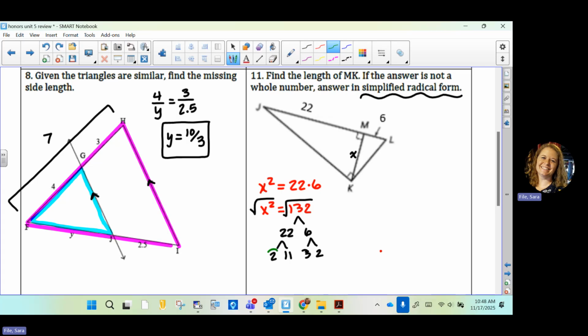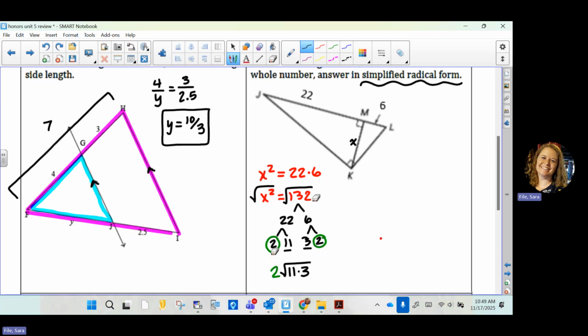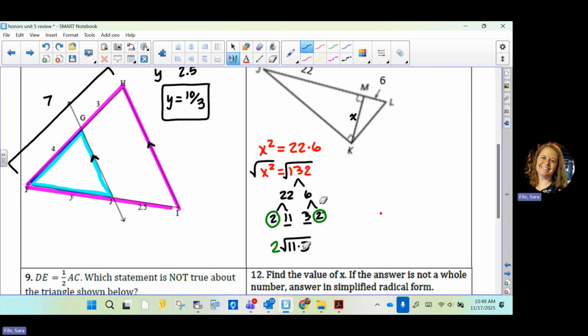So there's a pair of 2's, so a 2 gets to come out, and there is not a pair for the 11 or the 3, so those both have to stay in the radical. Remember, whatever comes out gets multiplied, whatever stays in gets multiplied. So this simplifies to 2 root 33.